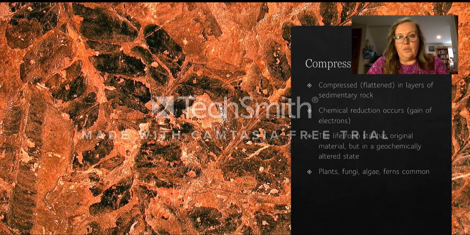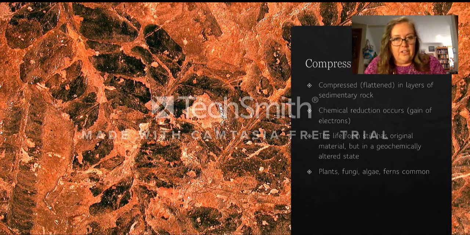And so it still has original material, but it's geochemically altered. So there's actual chemical reactions going on so that that's no longer quite the same plant as it once was, but it still does have that original material and more importantly the original pattern so that you can recognize it for what it is or what it was.